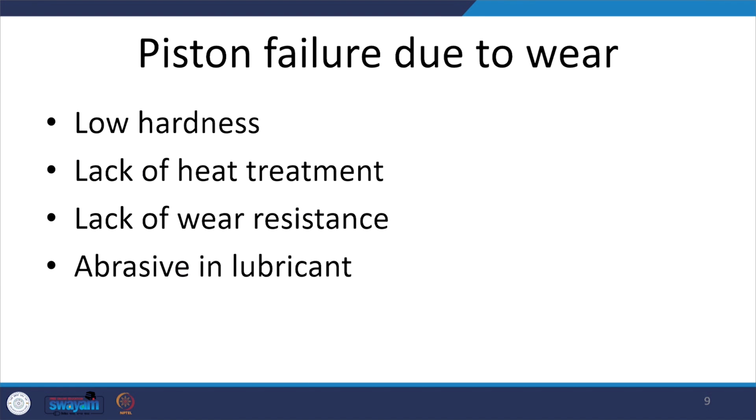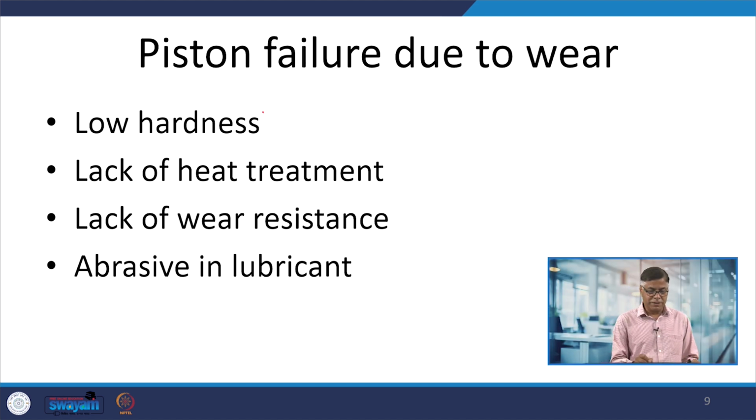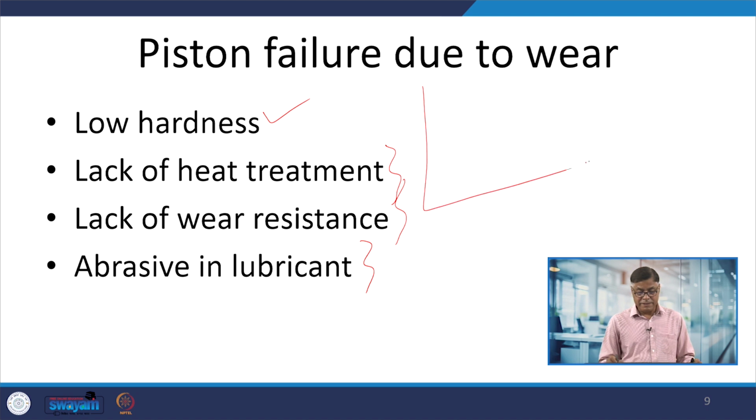Therefore, we will see what are the main factors that can govern the failure of the piston due to the wear, like say low hardness, not proper heat treatment leading to the desired hardness and desired microstructure, reduced wear resistance, and abrasives present in the lubricant.